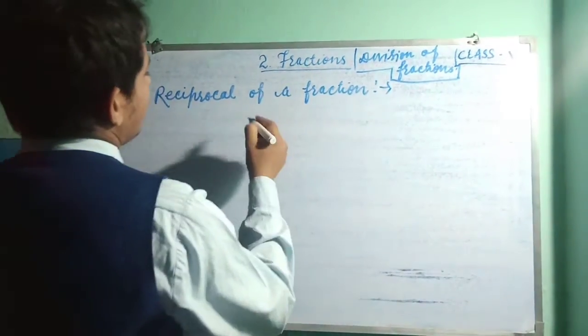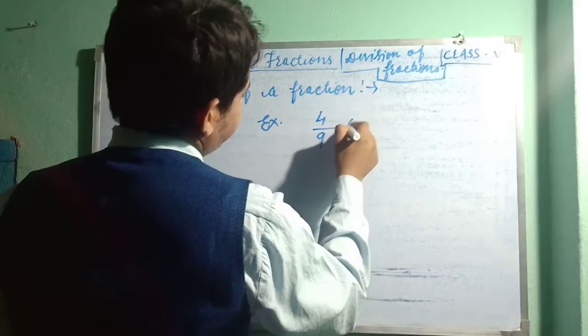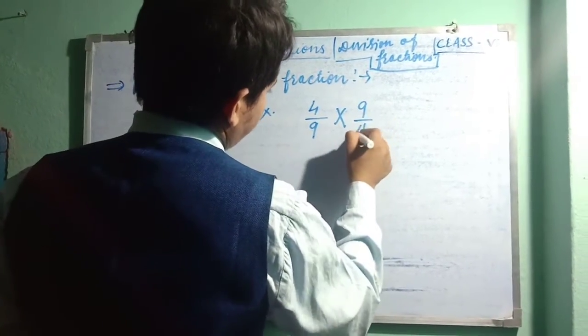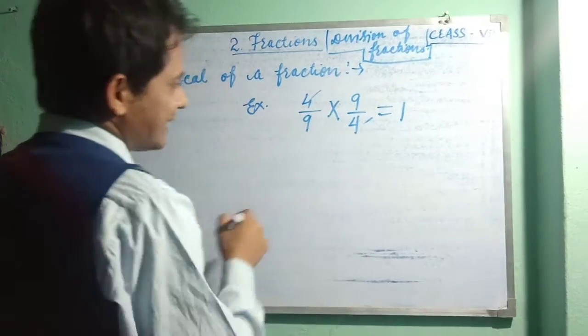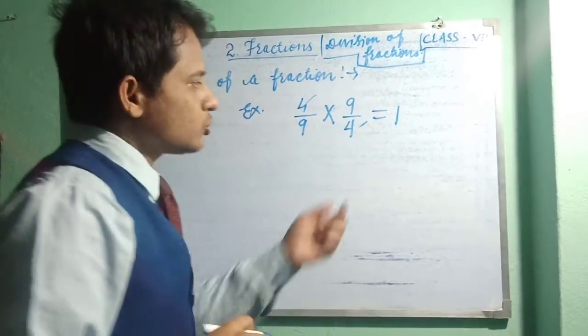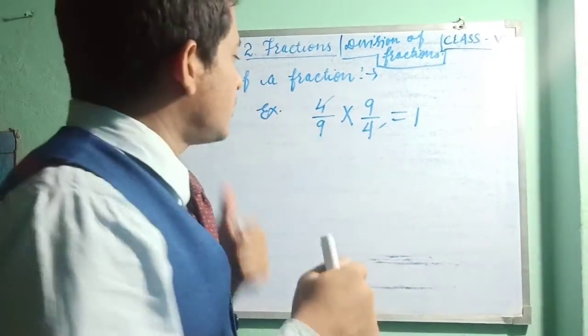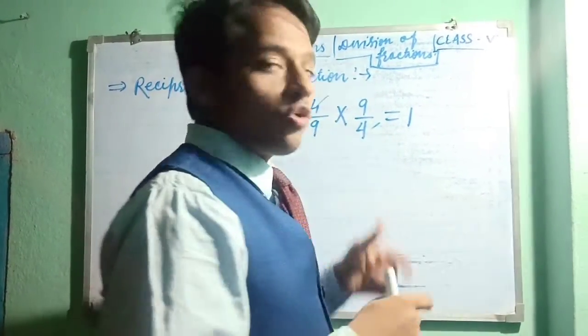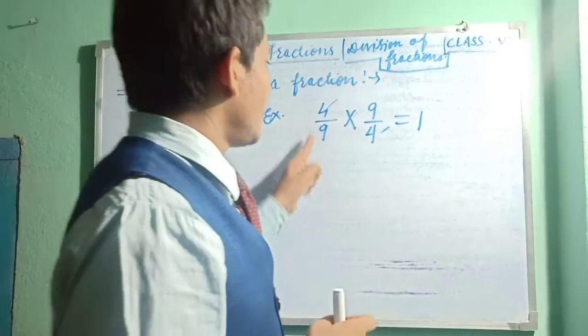See with the help of examples. Suppose 4 by 9 multiplied by 9 by 4 becomes 1, because 4 gets cancelled, 9 gets cancelled, so this becomes 1. Then we can say 4 by 9 is a fraction which is reciprocal of 9 by 4, and vice versa: 9 by 4 is also reciprocal of 4 by 9.